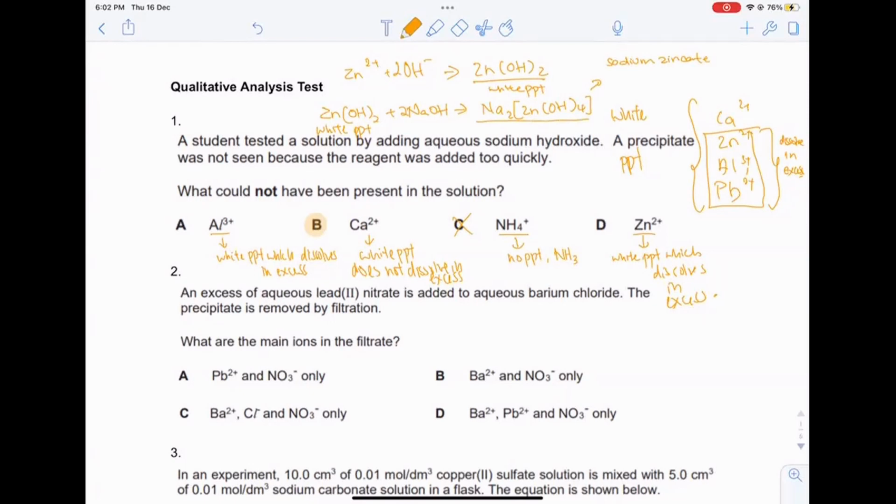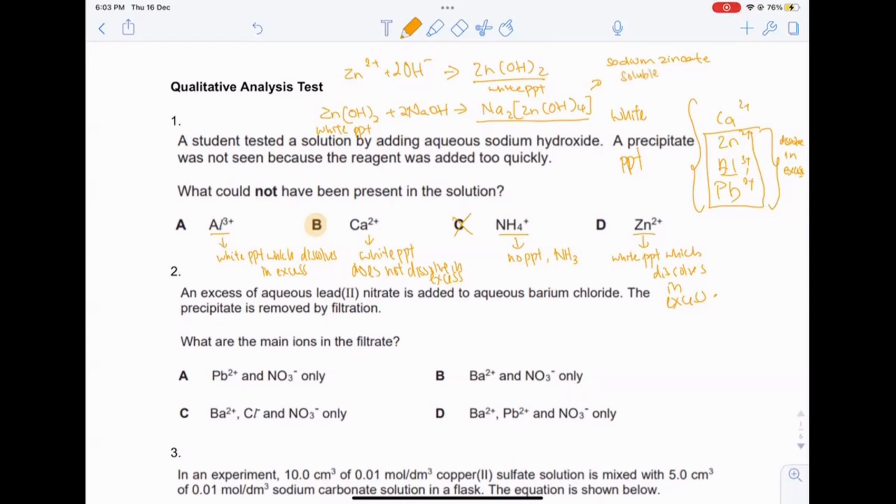It's not so common, but sometimes they test. If you go to your textbook, you realize that there is mention of, if I'm not wrong, sodium aluminate. There is an equation that they give you, so you can find it in the textbook. So this sodium zincate, it is soluble.